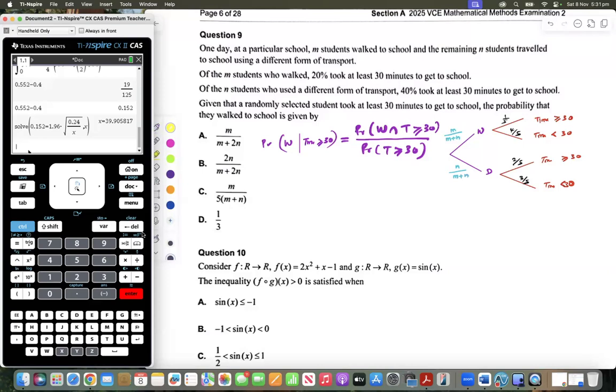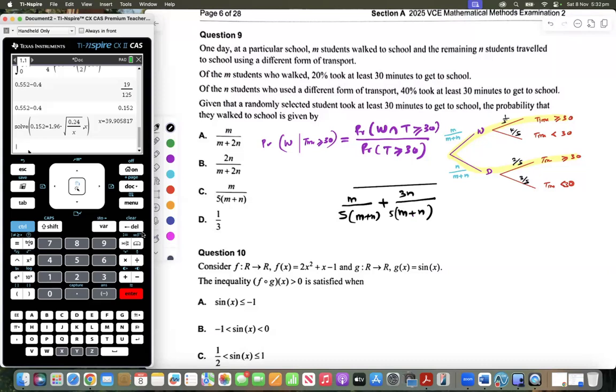The denominator is time greater than or equal to 30, which is this branch and that branch, those two branches added. So my denominator is m over 5 times m plus n, plus this one is 3 on 5, which is 3n over 5 times m plus n. I think that's correct.